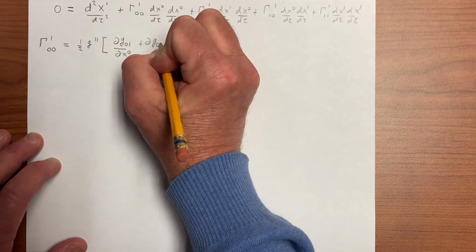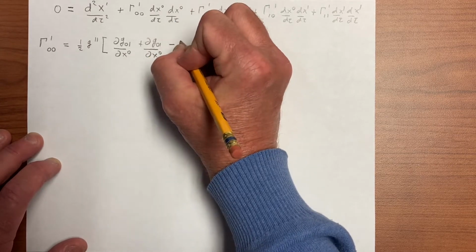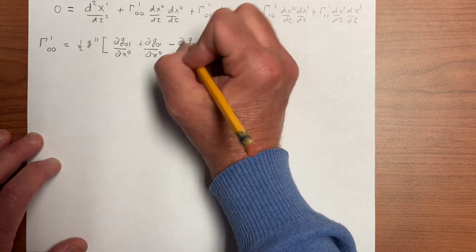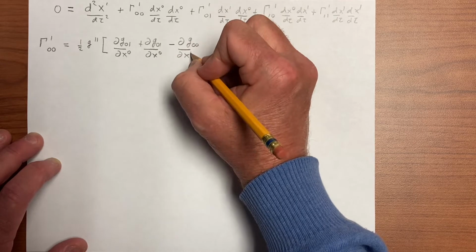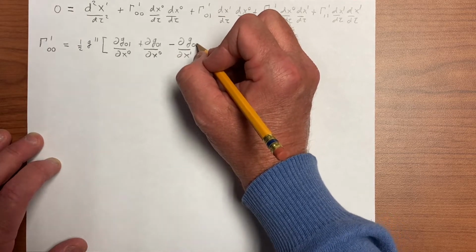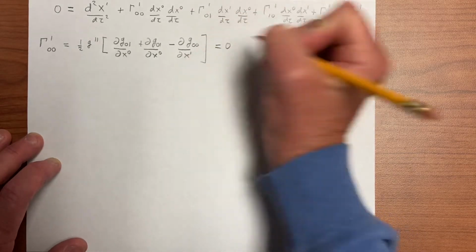Same with this one. Minus, this term isn't 0, but the derivative in x1, which is phi, of g00 doesn't depend on either of those coordinates, theta or phi. So this is 0.